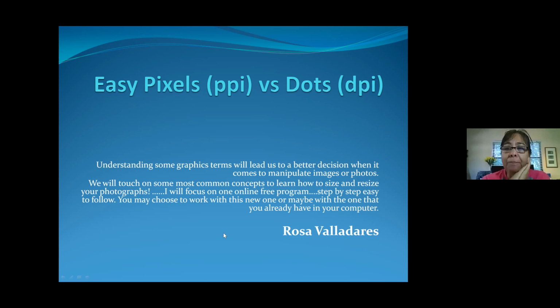Okay, so as you see, my subject is Easy Pixels versus Dots, DPI and PPI. One thing I want to mention before I start is that I had no idea what my public is going to be.